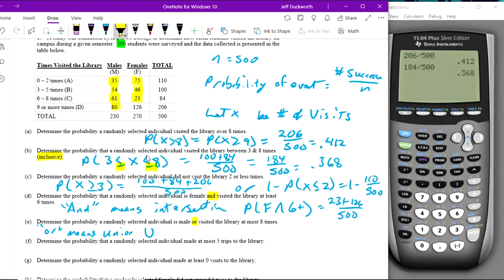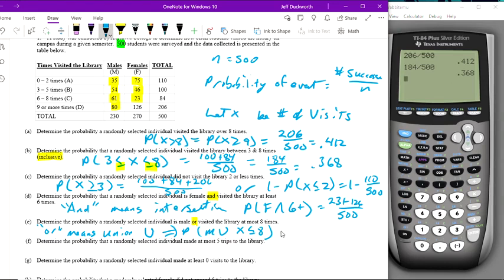So we could just take our total of 500 and subtract 126. So we want probability of male, we want or, and I guess we'll just do x is less than or equal to 8.